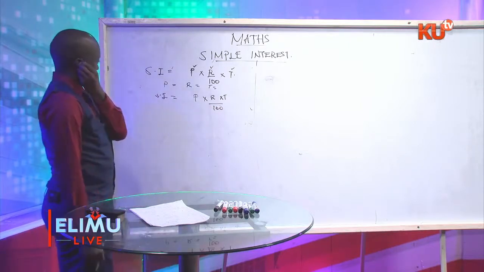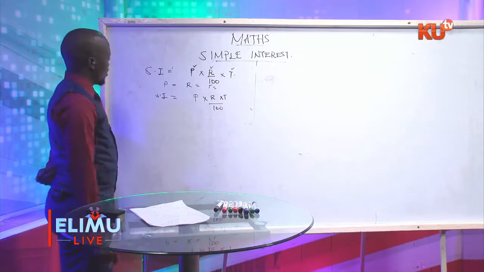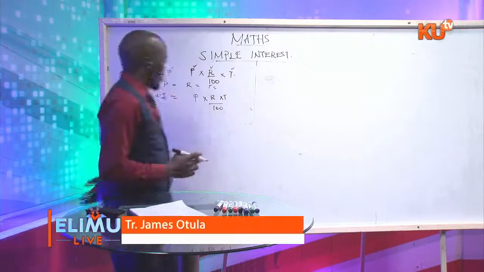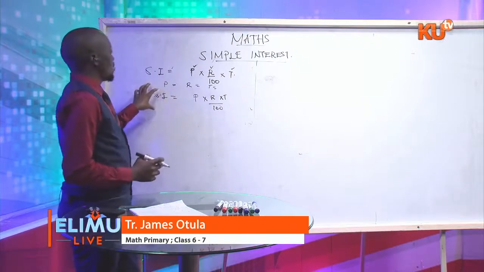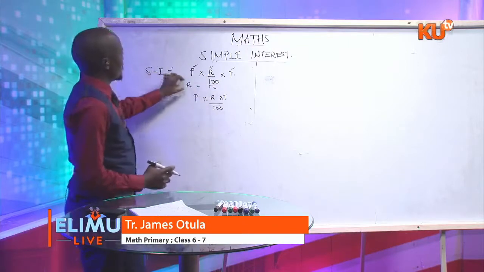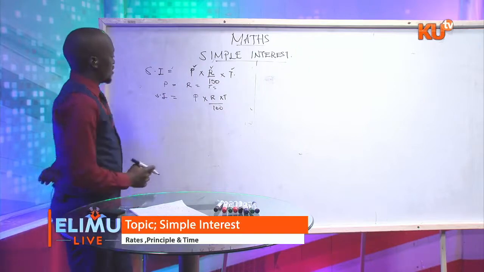And from algebra and fractions, using elimination and substitution, this formula alone can help you in deriving all these other formulas that are needed for principal, for rate, and for time. Let's look at it.